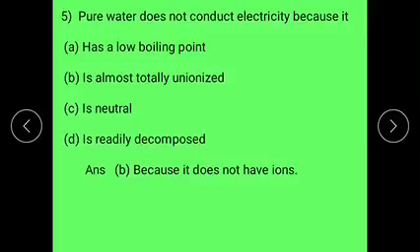The right answer is B, because it does not have ions. Pure water does not have any ions, meaning it is almost totally unionized, so it does not conduct electricity.